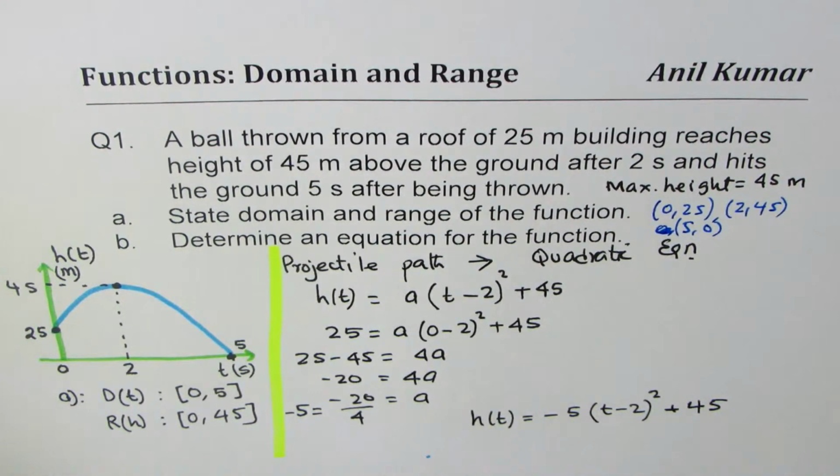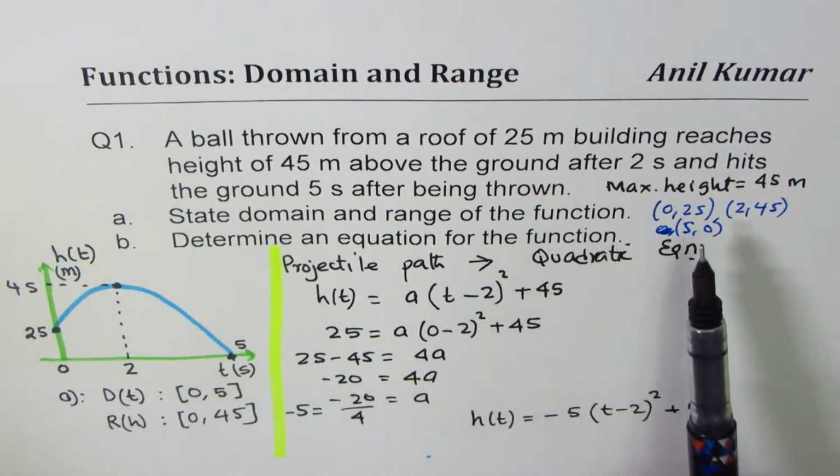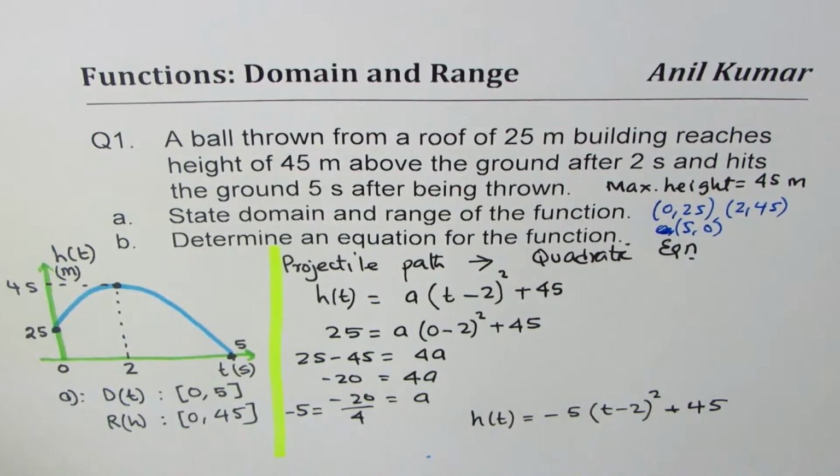So this equation is in vertex form, correct? So you can get your equation like this. Well, I'd like you to find the value of a using the point 5, 0. And see, you may get a separate value, you may get the same value. Also, try to find the equation of this parabolic path using these 3 points. I hope you understand what I'm trying to say.